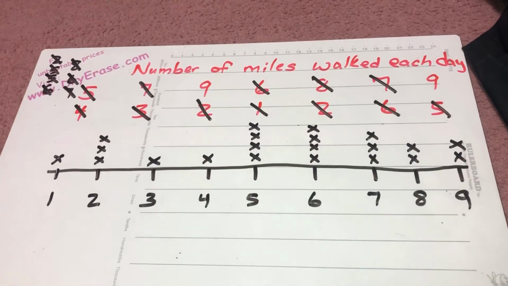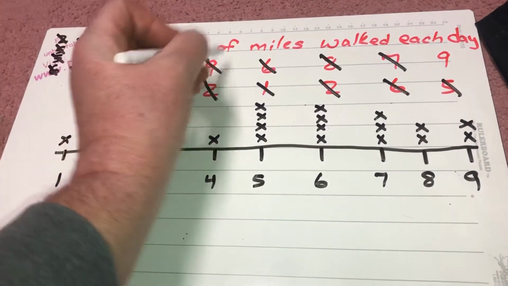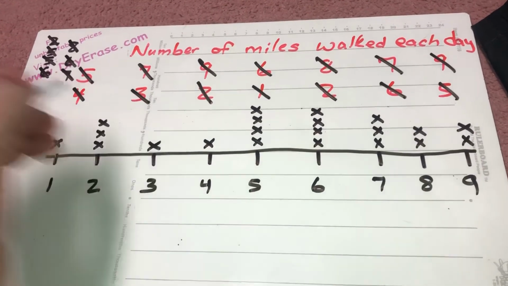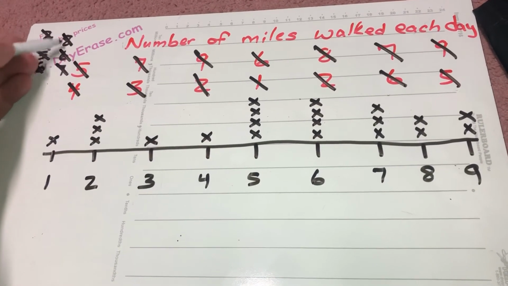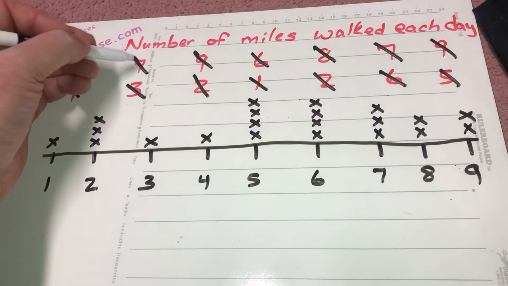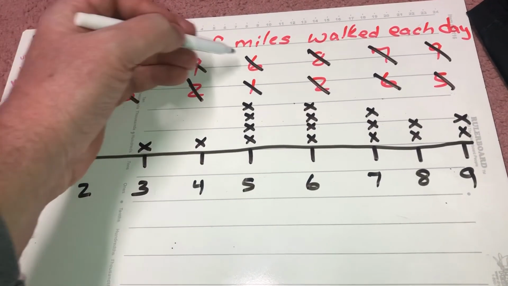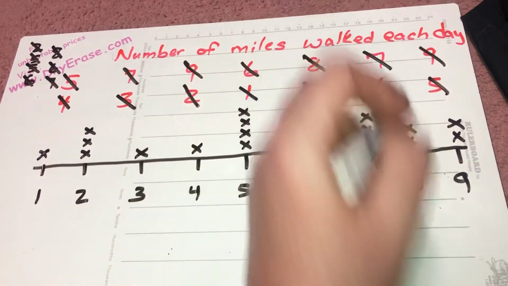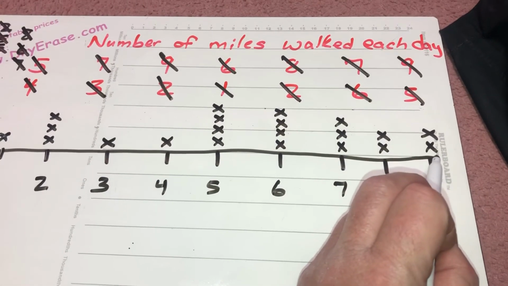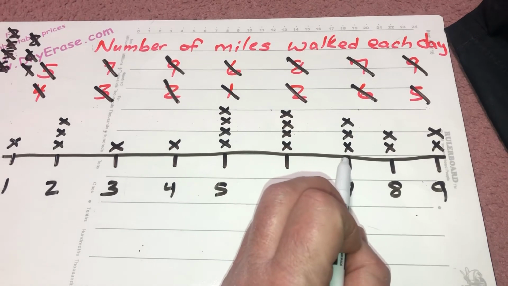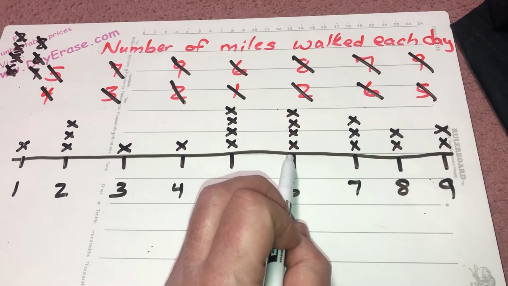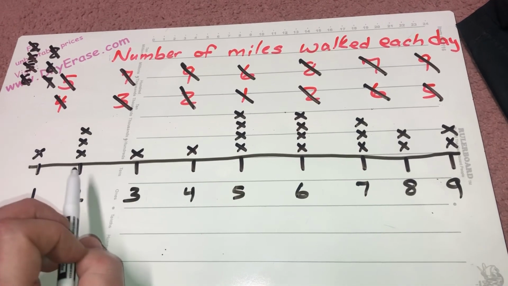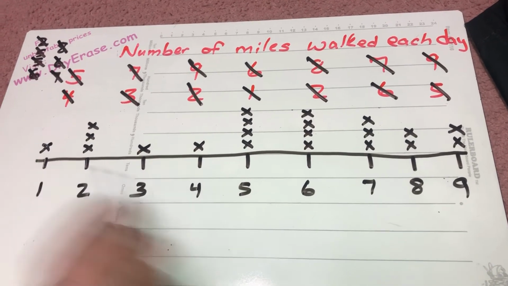And that's that. And of course, as we said, always check the number of original numbers with the number of x's. 2 plus 2 is 4, plus 3 is 7, plus 4 is 11, plus 4 is 15, 16, 17, plus 3 is 20, plus 1 is 21.